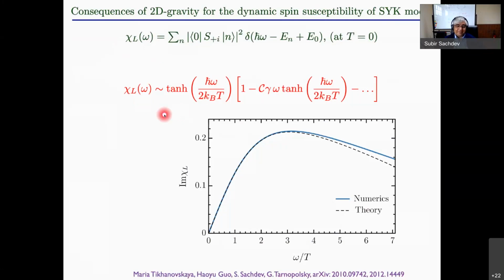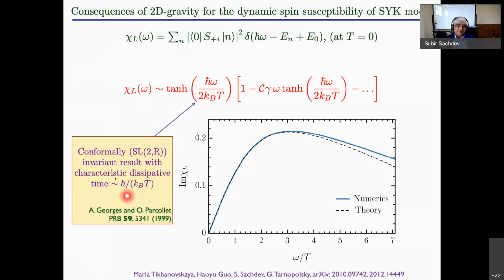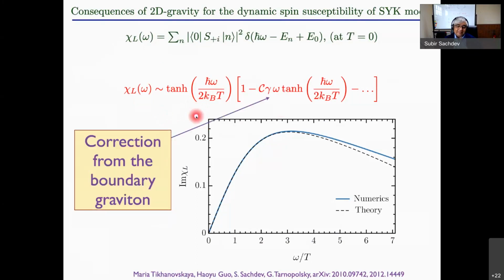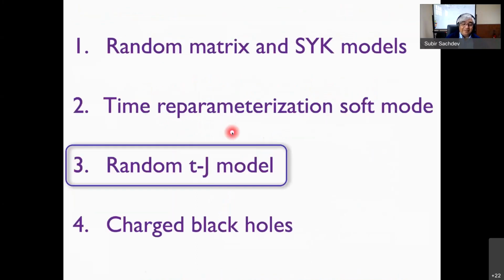Of course, the details are very different, but anyway, okay. And also you see the characteristic relaxation, dissipative time coming here also, h bar over kT, and this is the boundary graviton term.